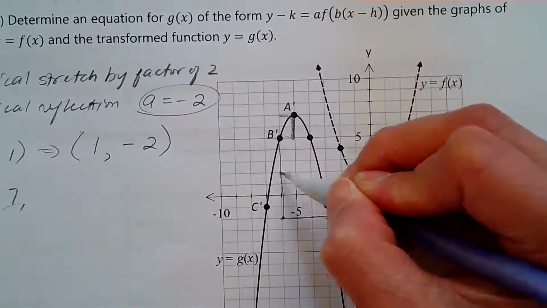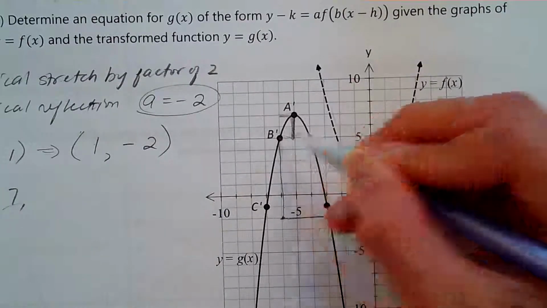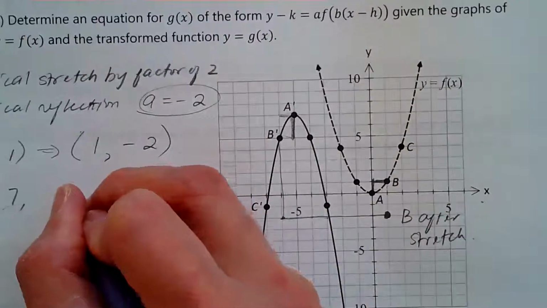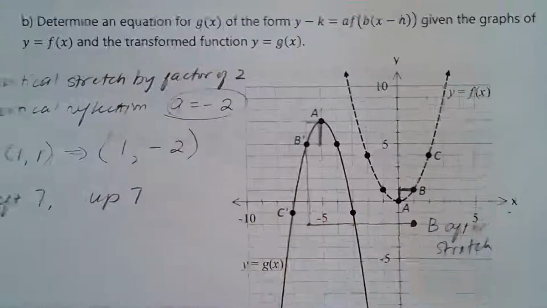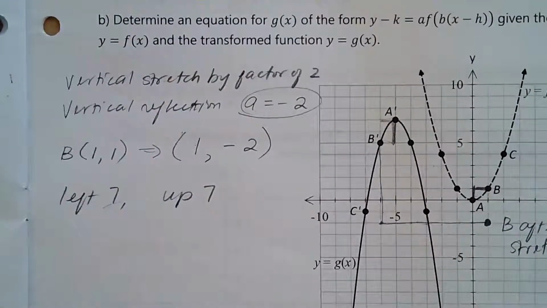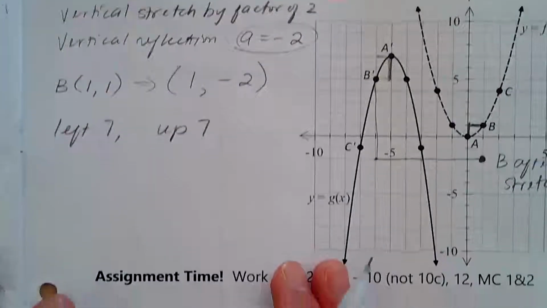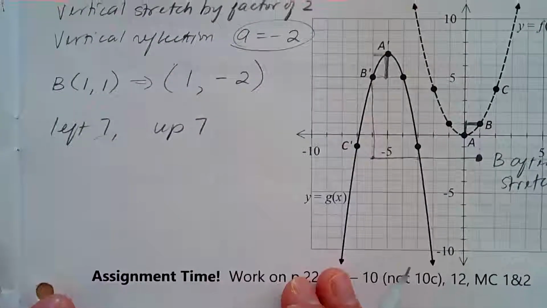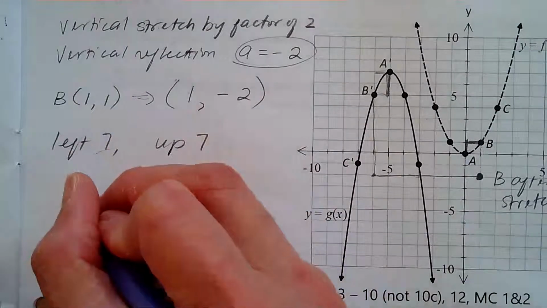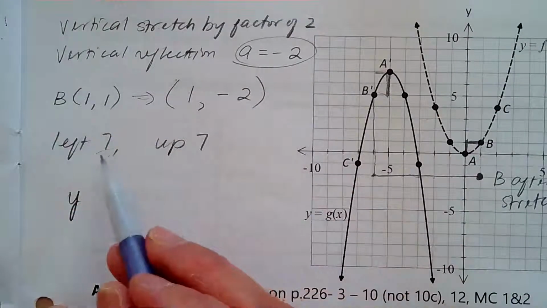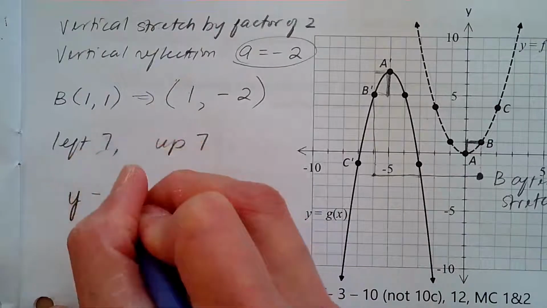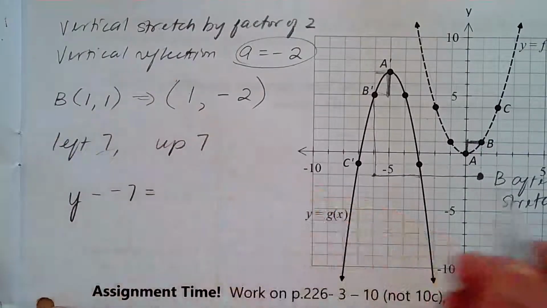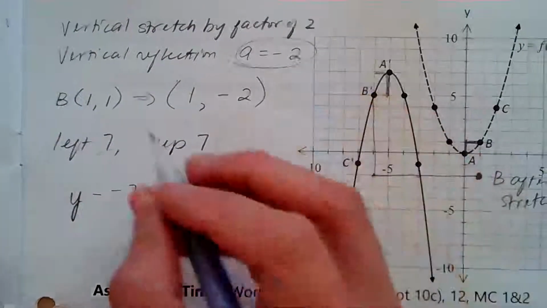Up 7. So left 7, up 7. Good, let's put it together. Y minus negative 7, A is negative 2.